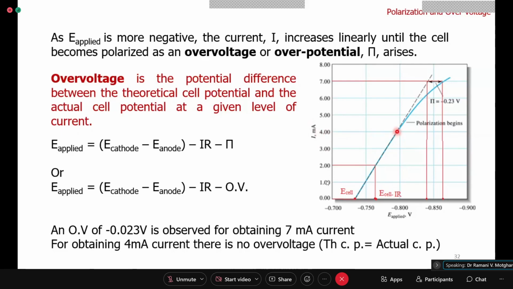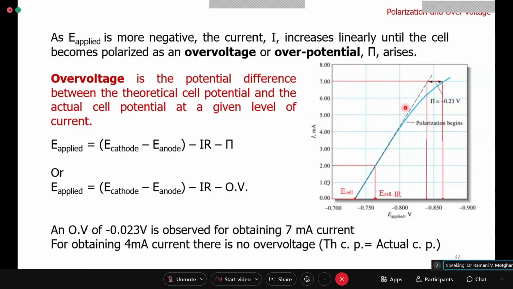The theoretical decomposition potential at 4 milliampere current is the same as the applied potential. So the theoretical and the actual potential are the same and give you the same current.